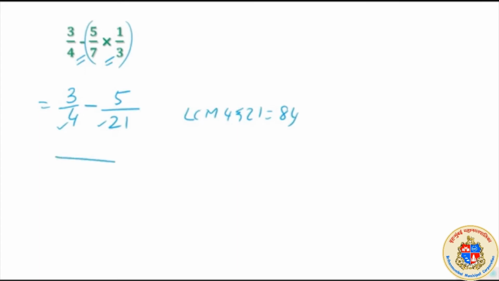It is 84 the common denominator, and 21 multiplied by 3 is equal to 63, right? 63 by 84 minus 5 to be multiplied with 4. 21 multiplied with 4, you got 84. 5 will be multiplied with 4, it will become 20. That means 63 minus 20, that is 43 upon 84 is the answer for this particular rational number operation.